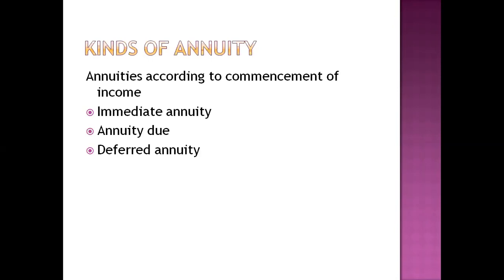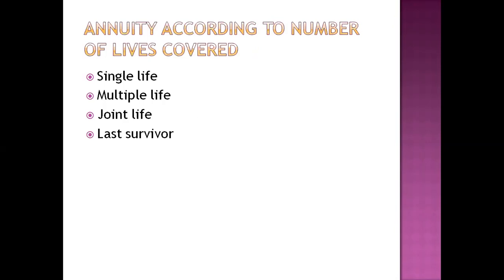Next category is annuity according to the number of lives covered. Just like ordinary insurance policies, single life means one single person is contracted. This annuity is most suitable for those who have no dependents.